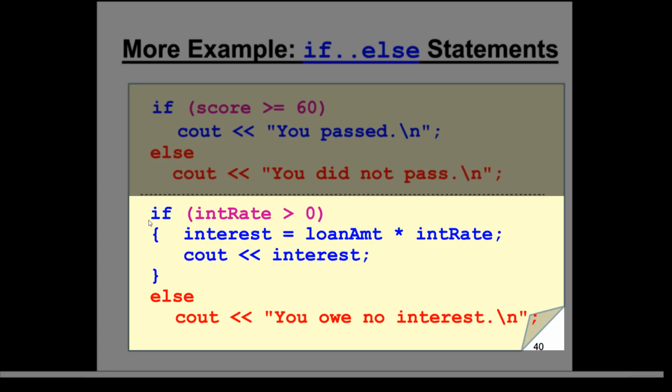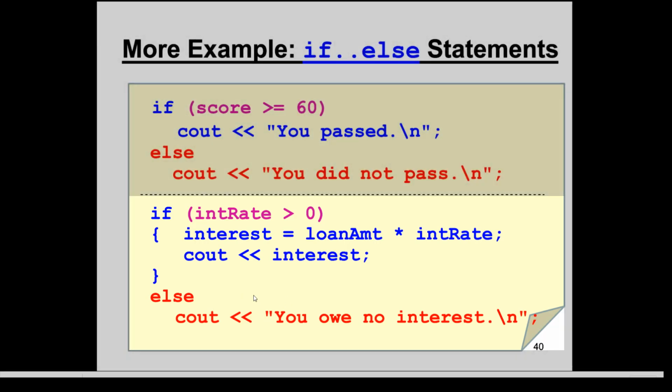So why do we have these curly brackets here? Because we want to put more than one statement for when the condition is true. Why don't we have any curly brackets for else? Because there's only one statement for else. You can put them, it's not going to be an error, but it's unnecessary.